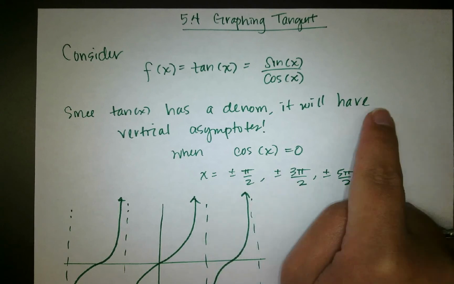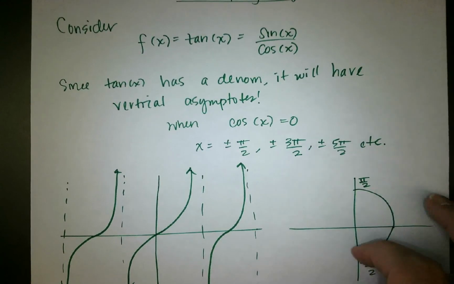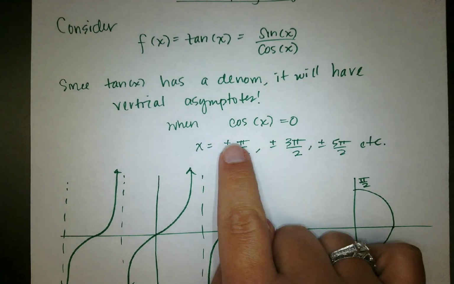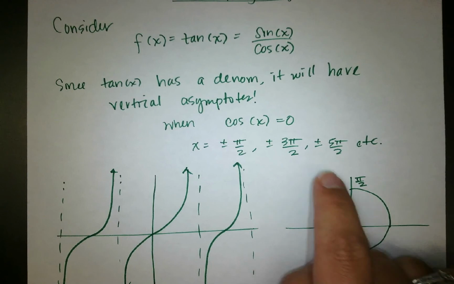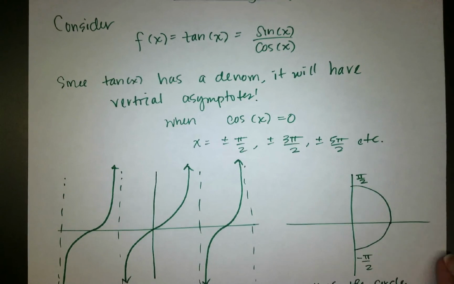Well, that's at the top and the bottom of the unit circle. This is where cosine is always 0, so that is going to make vertical asymptotes. As you walk around the circle continuously, you hit all of those repeated spots. So we have vertical asymptotes for our tangent graphs.